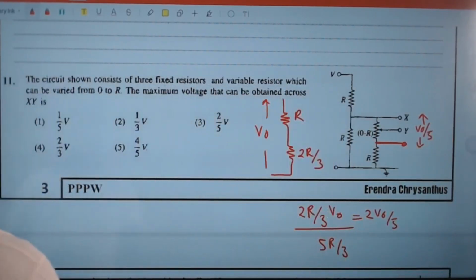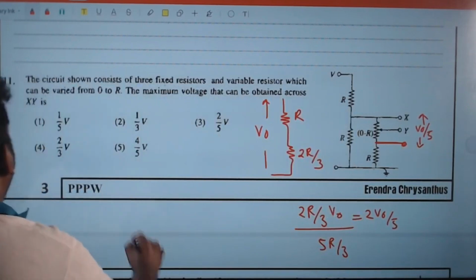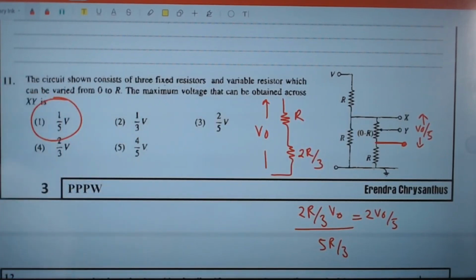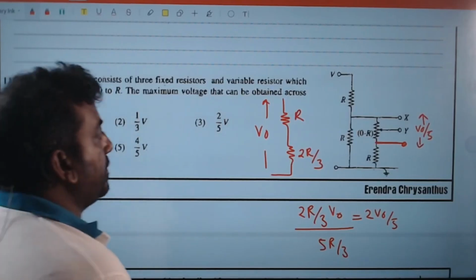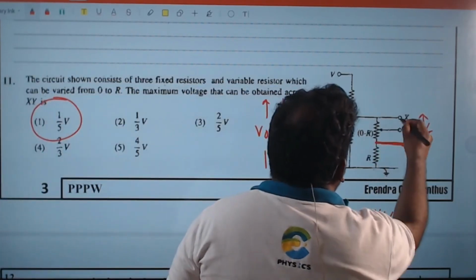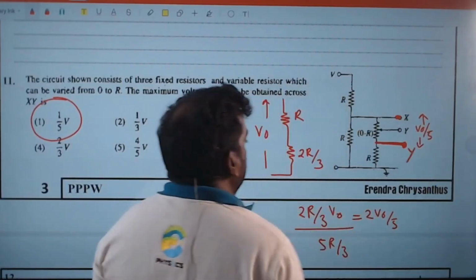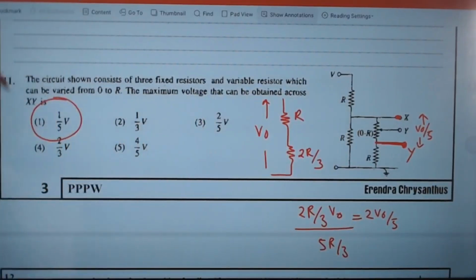V0 over 5 means answer number 1, when it's at the maximum resistor value at this location. Right.